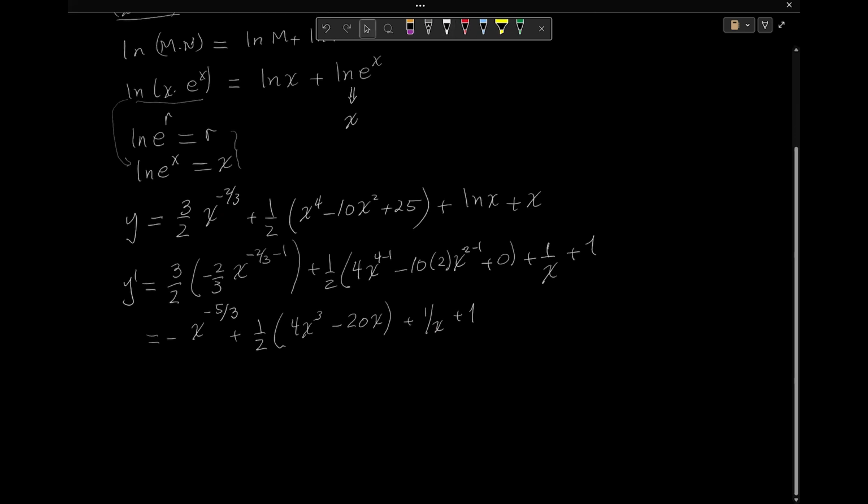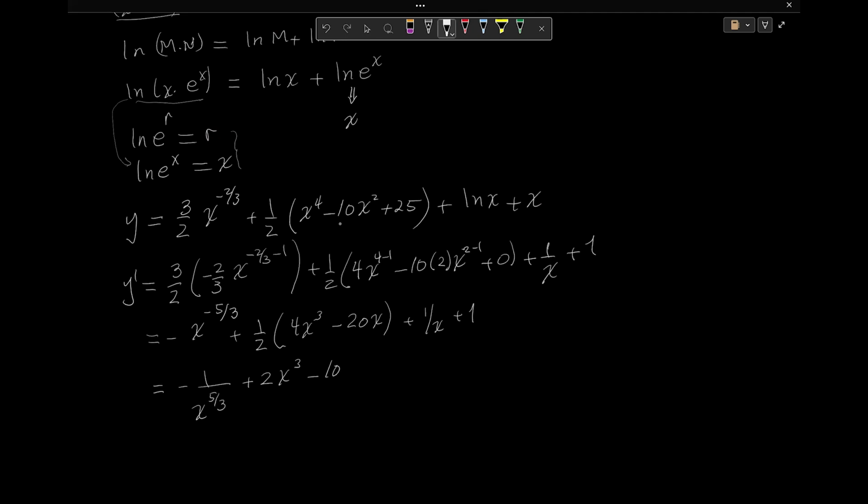We can let the half multiply each of these terms. So we'll have negative 1 over x to the 5/3. When I let the half in, 4 over 2 gives me a 2x cubed. This times that will give me a negative 10x, plus 1 over x plus 1. There is the answer to this problem.